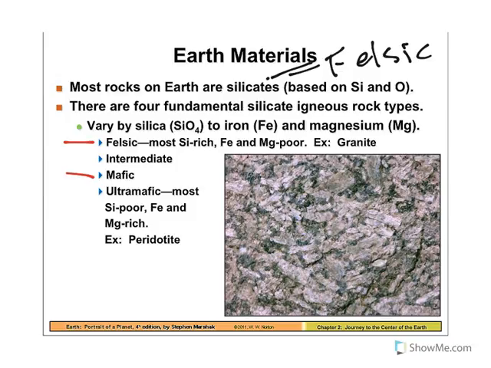So remember, felsic means it has silica and oxygen. Mafic means it has iron and magnesium. And then, of course, there's end members in there. Ultramafic means it has a lot of iron and magnesium, with very, very little silica and oxygen. And intermediate is somewhere in between the two. But these are concepts, like I said, we're going to return to, especially when we get to our igneous chapter.